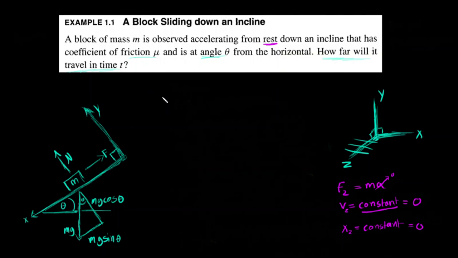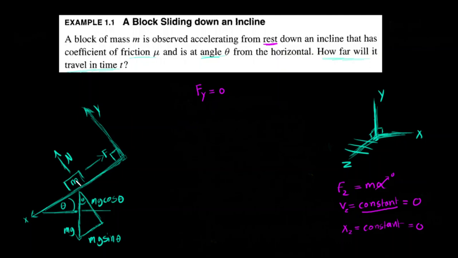Now, since we discussed the z direction, what about the y direction? If we want to look at the y direction, we have to realize that the question tells us that it goes down. There's no part of this where the block is jumping up. So we have to write that F of y is equal to 0. But this is a little more complex than just simply being 0. Why is that?